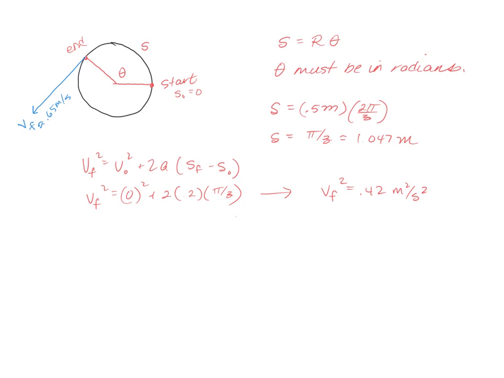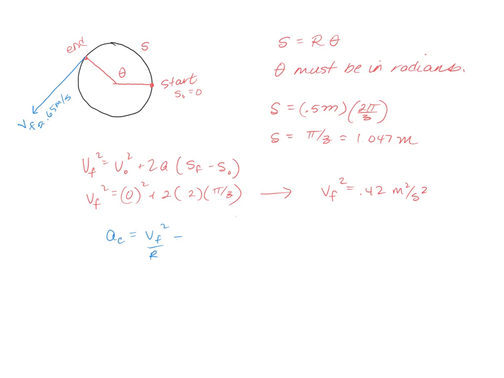Now to calculate the acceleration, we remember that we have a centripetal acceleration, and the formula for that is a sub c equals v final squared over r.